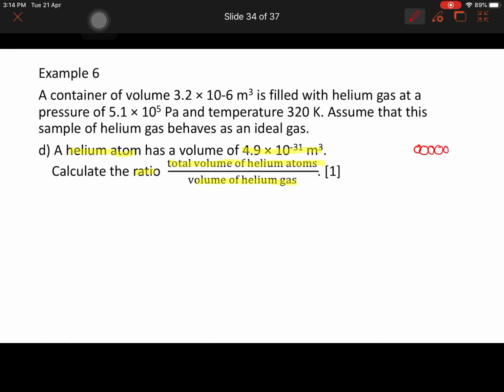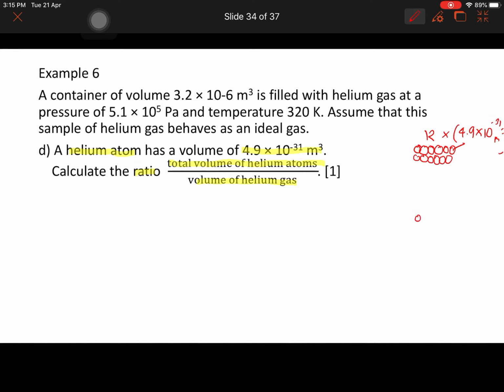Volume of helium atoms means if all my helium atoms are compressed together. Each atom has got this volume. So if I have 12 particles, I'll have to take the volume of each particle times 12. That is the volume of the helium atoms.